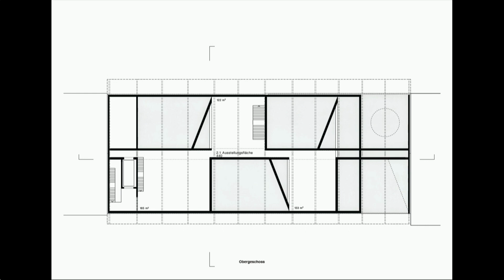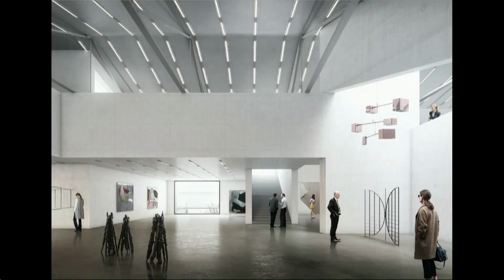Some openings would enable people to look downwards from the upper level. This is what you can see in this image. So there's a certain visual contact, but in general, the concrete beams also serve as exposition walls.